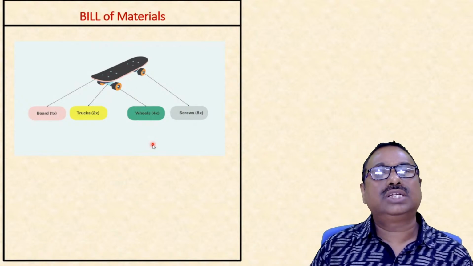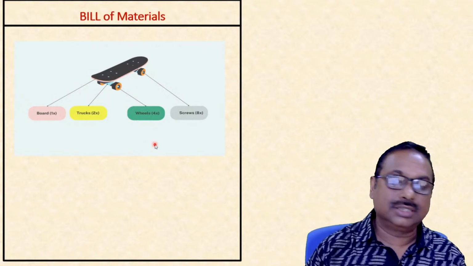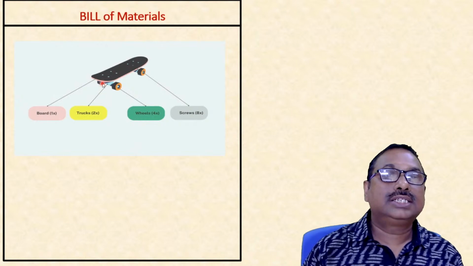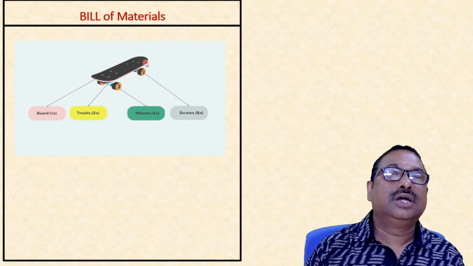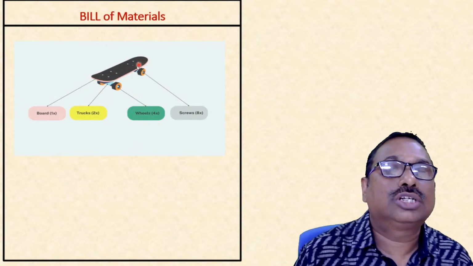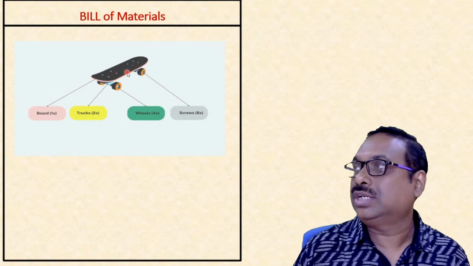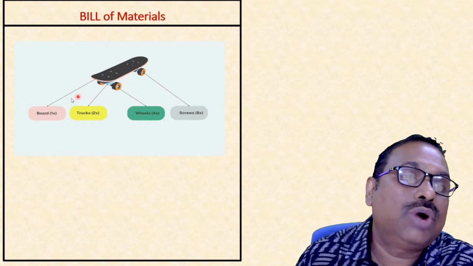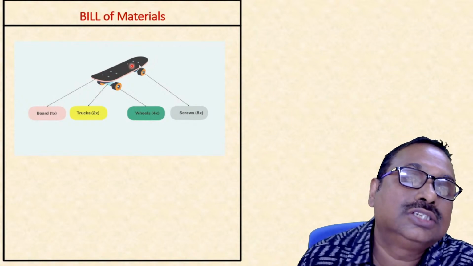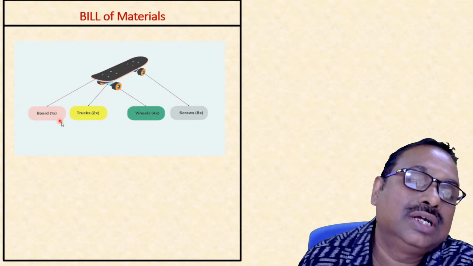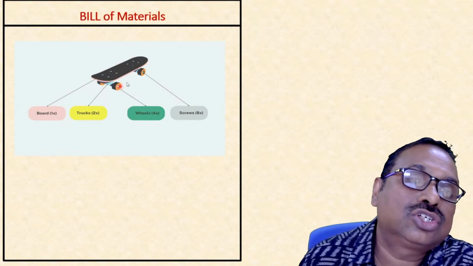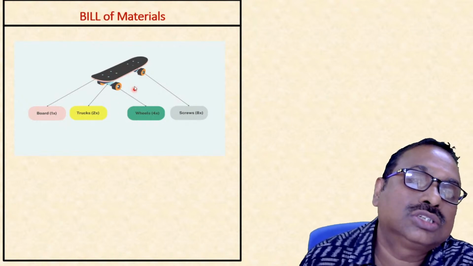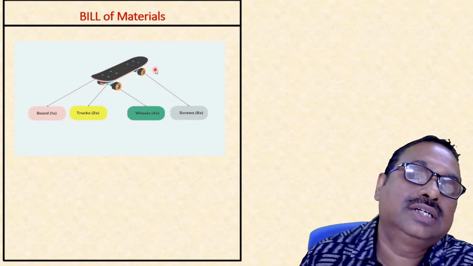Now, what is this bill of materials, BOM? This is a roller skate. Suppose to manufacture one roller skate, you want one of this black boat. These are called trucks. You want 2 trucks for front and rear.